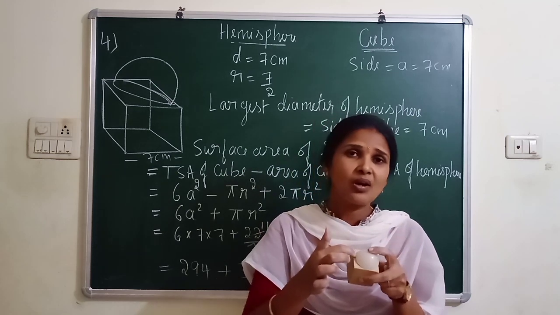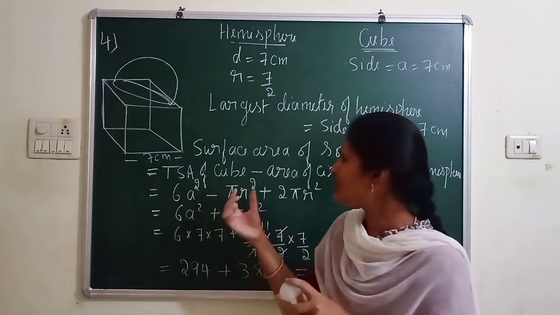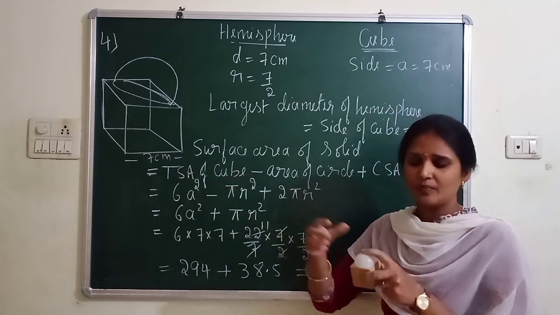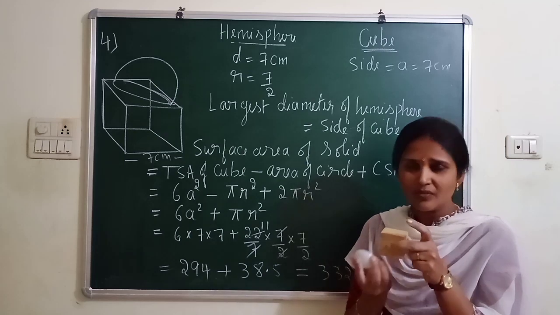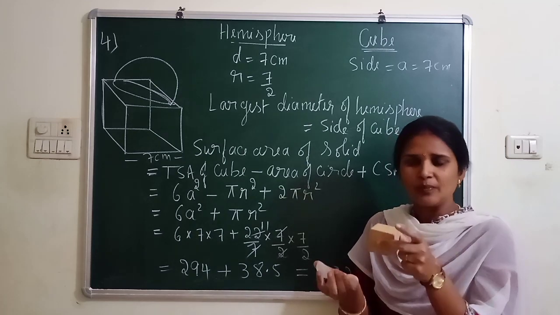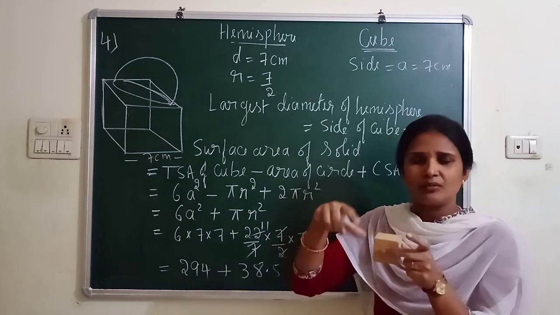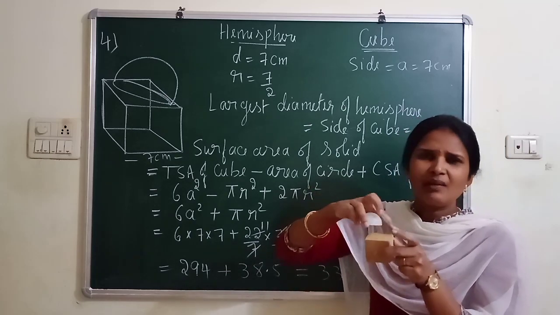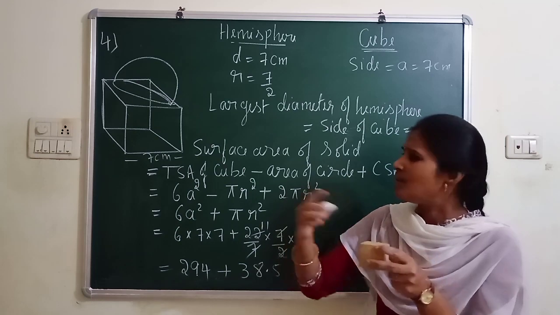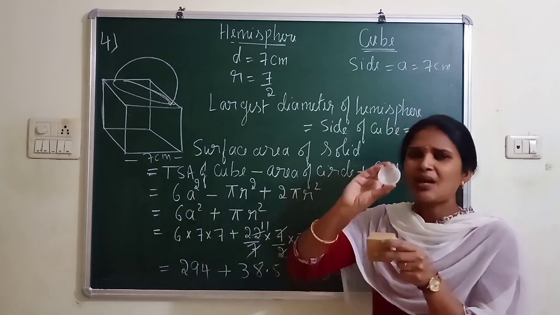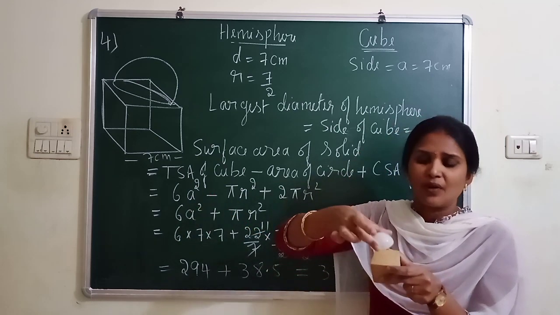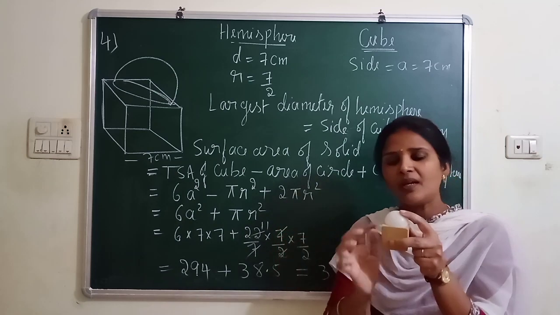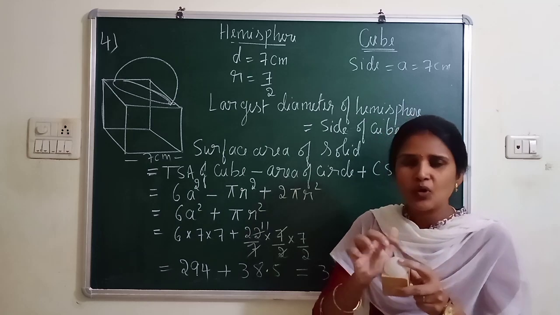But what about these corners? For that, I am taking the total surface area of the cube. Total area means how many faces? 6 faces. From the 6 faces, if you subtract one circle, then we get all the 5 faces and these 4 corners.